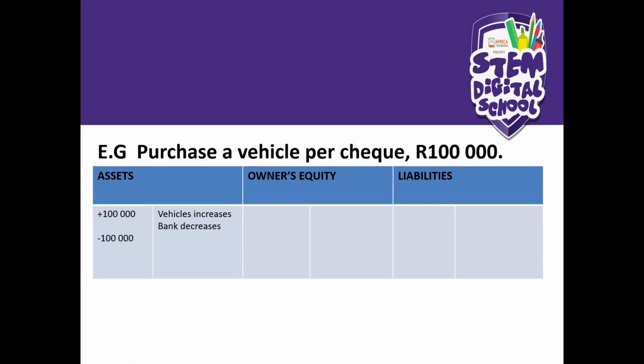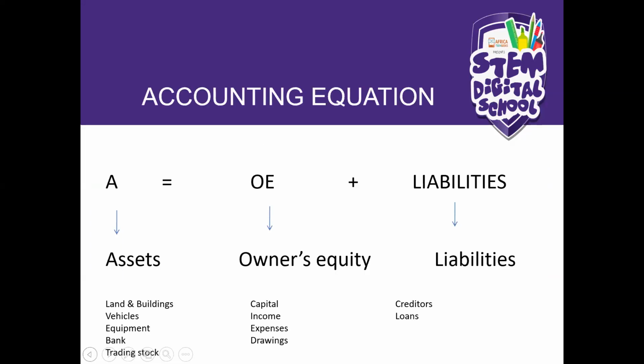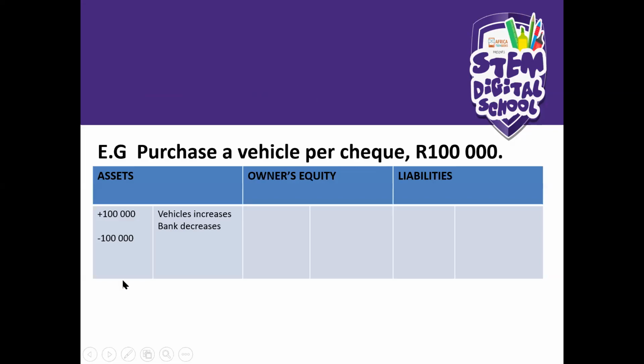Is bank an asset, an owner's equity or liability? Of course, bank is an asset. I'm going back so you can just check in your list as well. So you can see bank is falling under assets. And we said we're going to pay for the vehicle, therefore also minus 100,000 with assets because bank is decreasing.